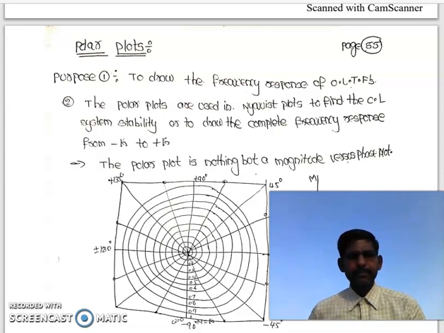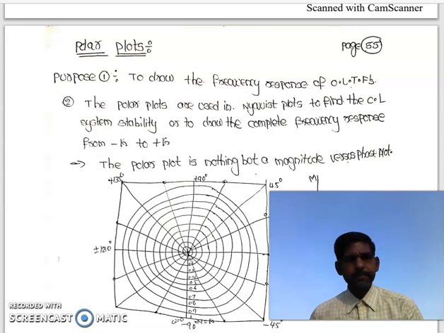Dear students, in the previous class we have discussed about Bode plots. Now we are going to discuss about polar plot. The main difference between Bode plot and polar plot is, to draw the Bode plot, we need to plot two plots, the magnitude plot as well as the phase plot.